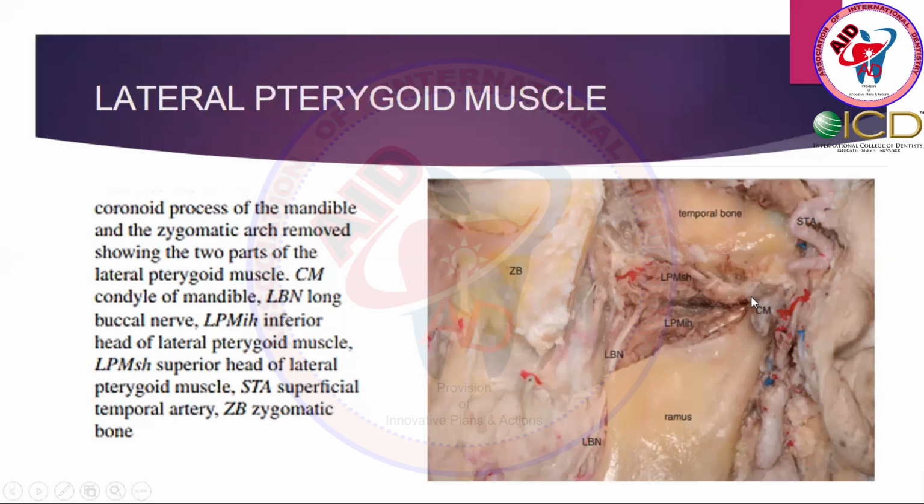Directly beneath are the superior fibers of the lateral pterygoid, the inferior fibers of the lateral pterygoid, and just posterior to the coronoid process, you can see the long buccal nerve. This is the portion of the external carotid artery, which is also visible here, and this is the portion where the maxillary artery goes inside.